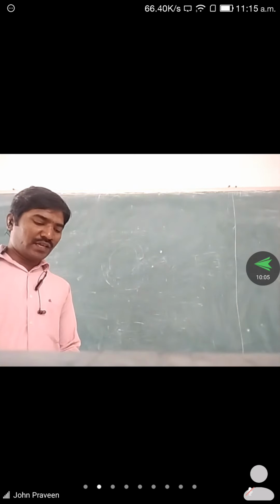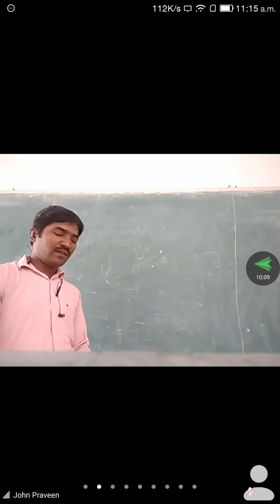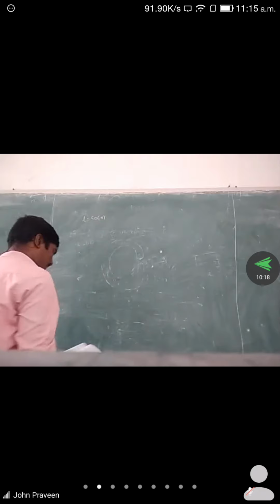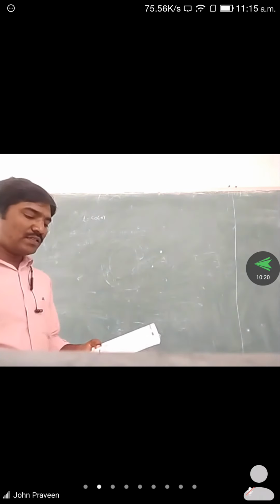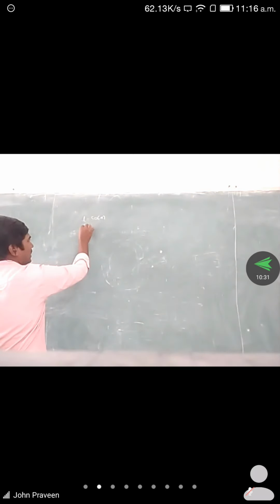An iron ring of mean length 50 centimeters is given. So mean length L is 50 centimeters. It has an air gap of 1 mm, so Lg is equal to 1 mm.